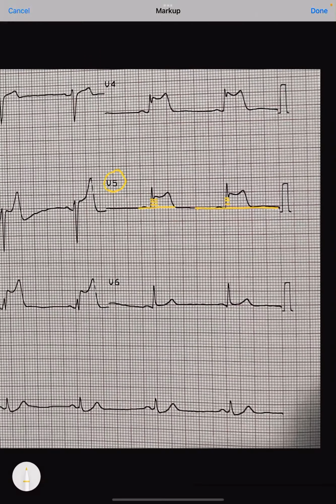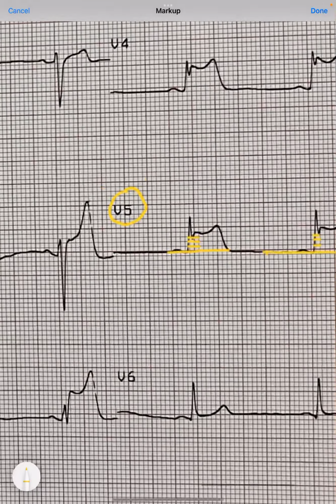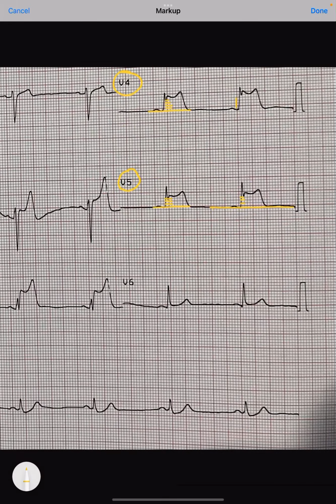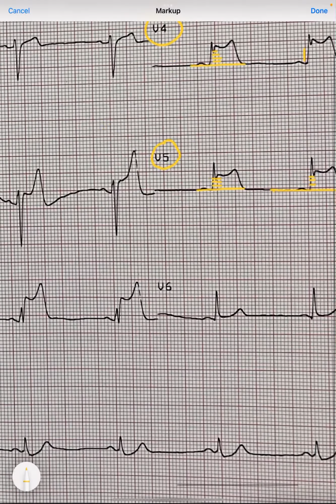So ST elevation of 3 millimeters is seen in V5. In V4 also, this is the baseline, this is 1, 2, 3, and up to 4. So there is 4 millimeter ST elevation, which is crystal clear.